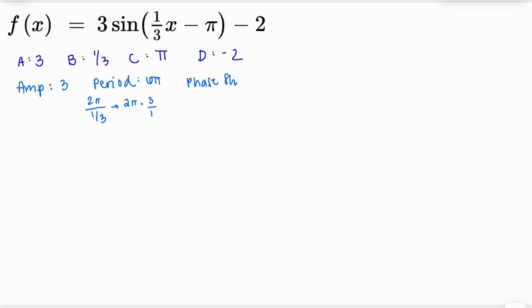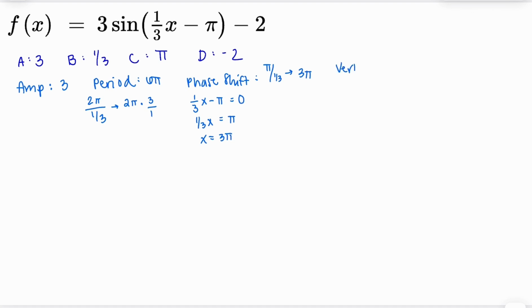My phase shift is going to be C over B, which is really easy to pick out if you have written it like that. Again, we'll keep, change, flip. But remember, you can also set the inside of the trig function equal to 0, multiply both sides by 3, and you'll get the same answer.